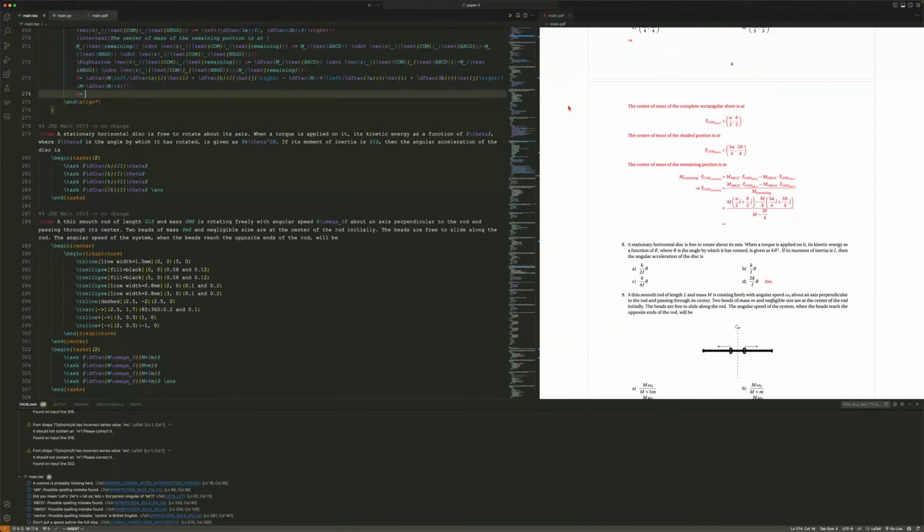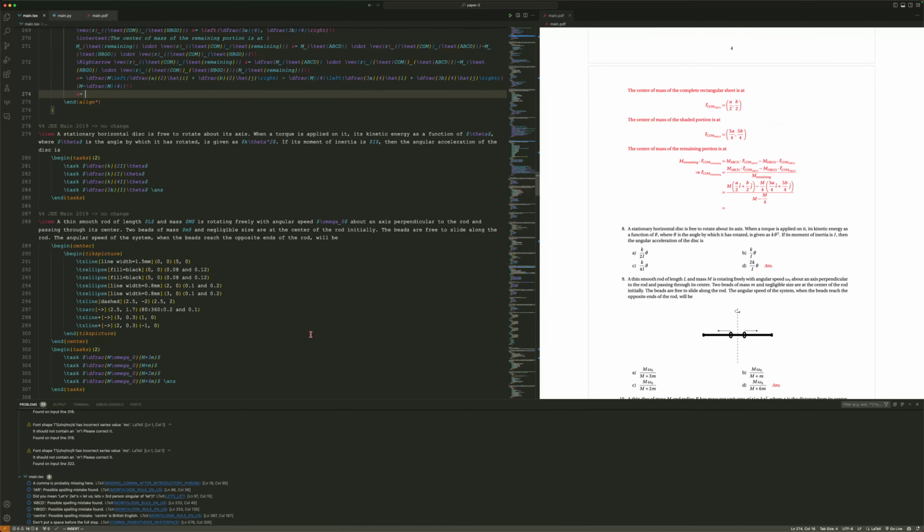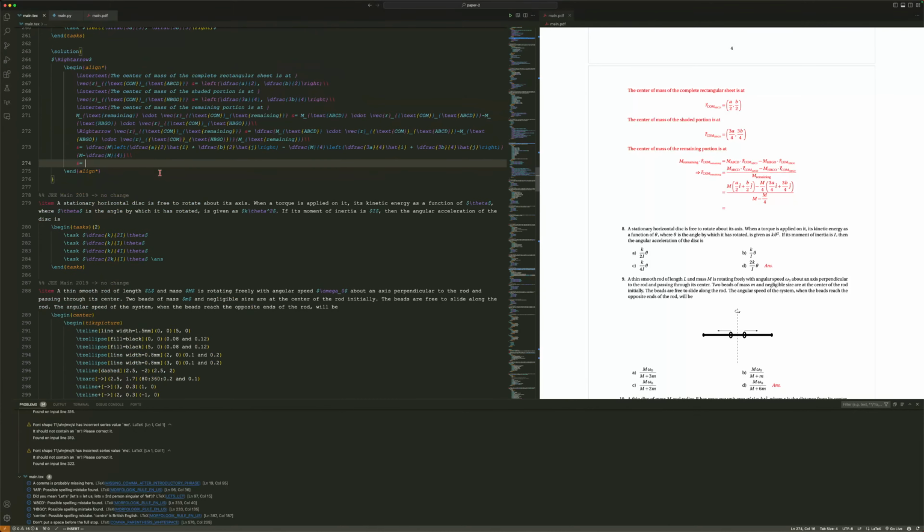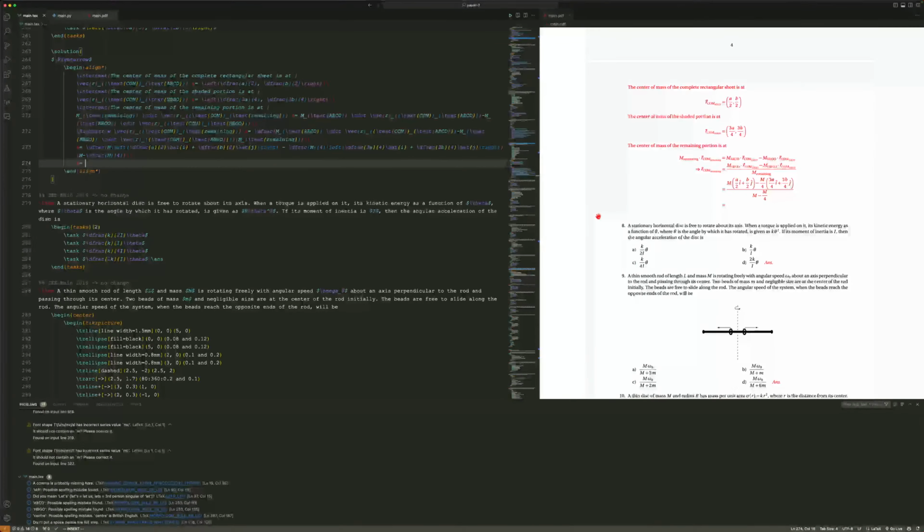LaTeX expired. I have to log in. I don't want to add this. So let's try again. So we have to add a by 2 and 3a by 16.